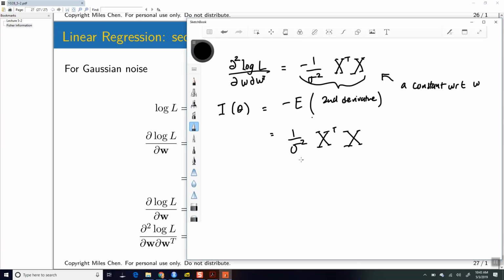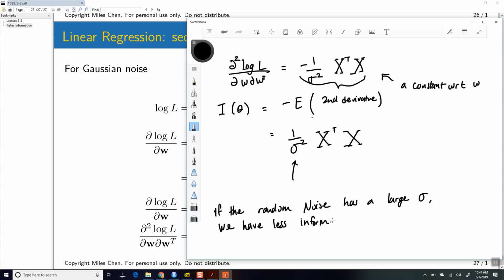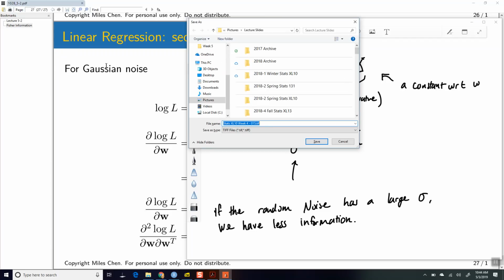Okay, so there's a few things to take note of here. One is that if the random noise has a large sigma, we have less information. And that makes sense, right?